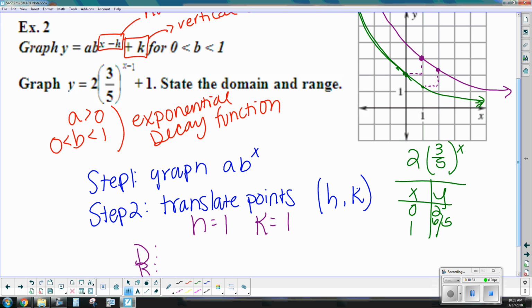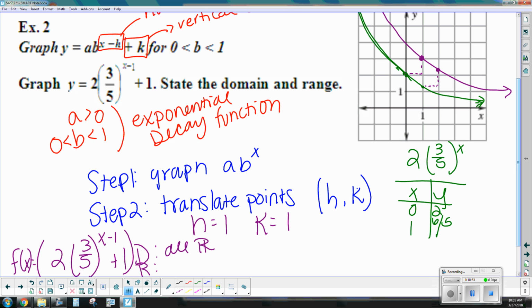And this is for the function 2 times 3/5 to the x minus 1, plus 1. The domain for this is all real numbers. X can be anything.